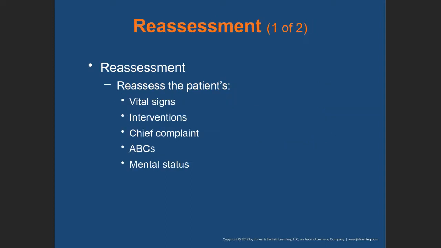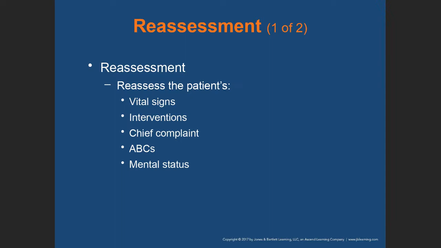After we have completed the secondary assessment, the next phase is the reassessment. You're repeating the primary, looking at your interventions, and checking to see what has changed. Has it gotten better or worse? Do you need to make any adjustments?